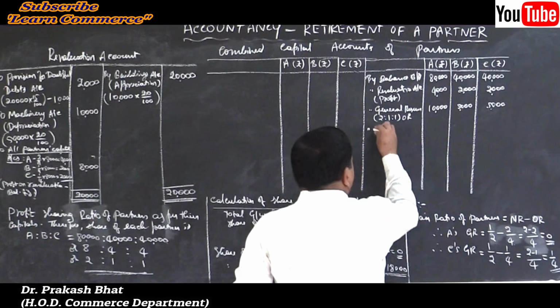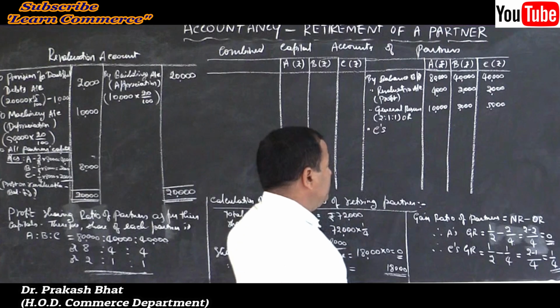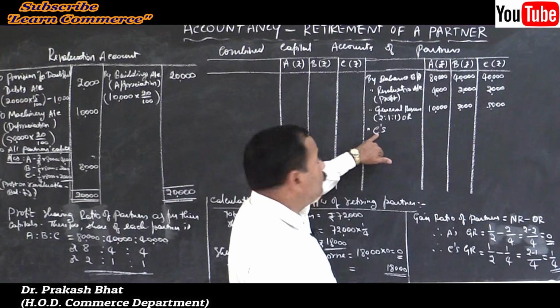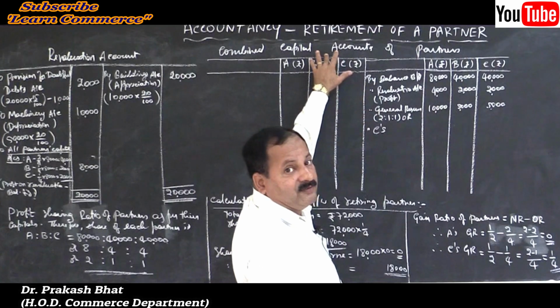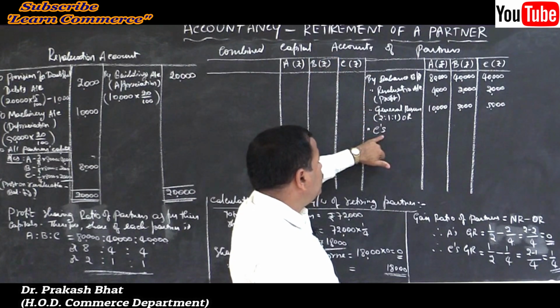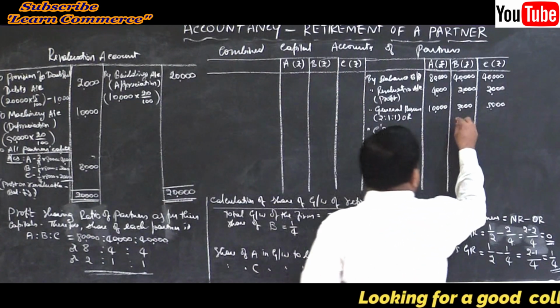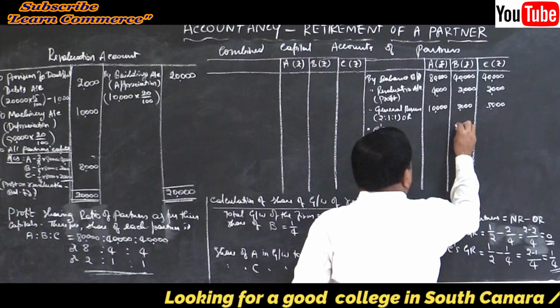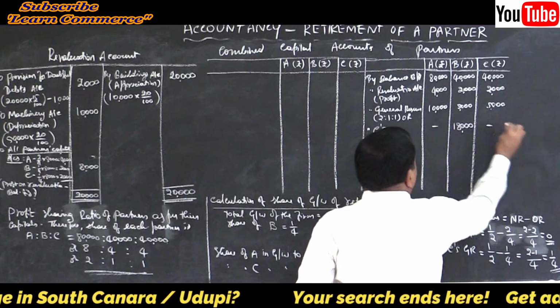So the journal entry is Chandru's capital account debtor to Bhimu's capital account, 18,000. No entry in this.